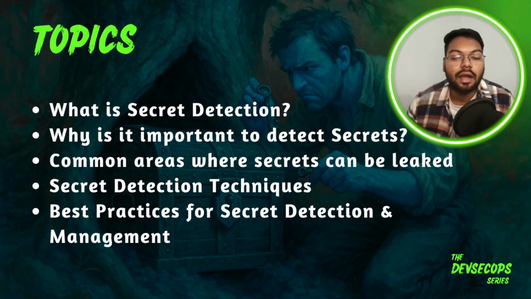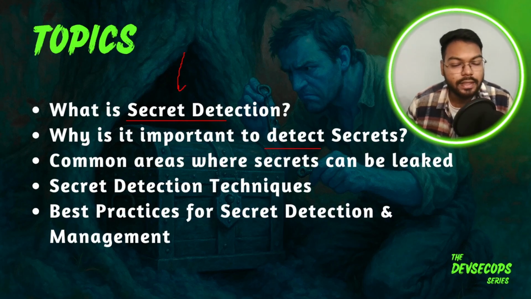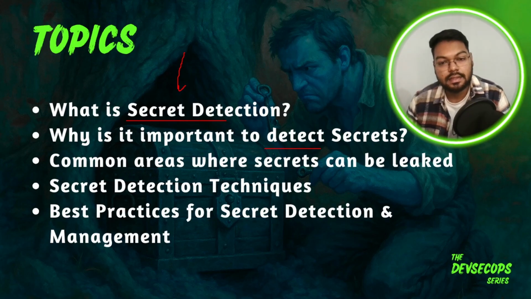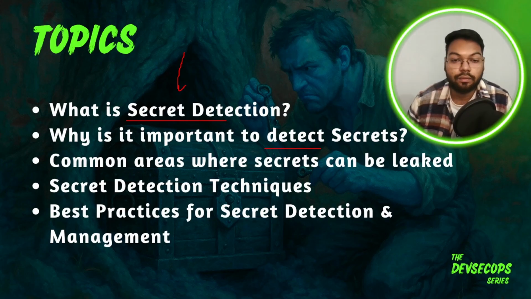But see, what we are going to learn in today's video is regarding these few things. What is secret detection? First of all, what is a secret, and why is it important to detect such secrets? Then there are certain common areas where you can find these secrets, and ways you can by mistake leak those secrets. We will see where you have the potential of losing them.